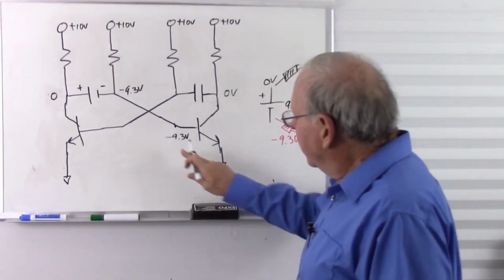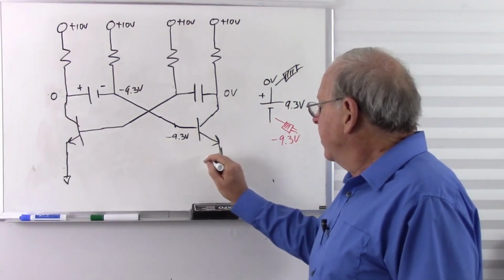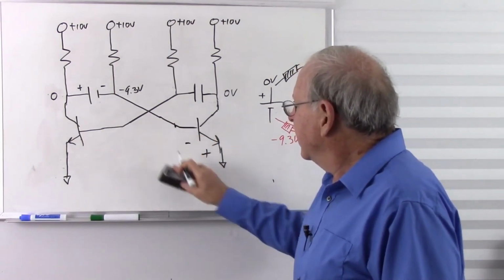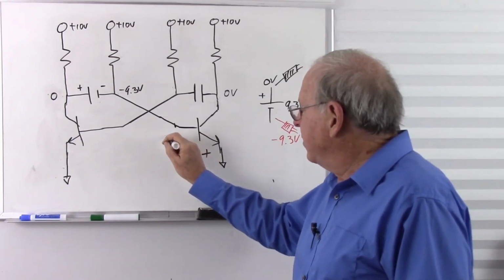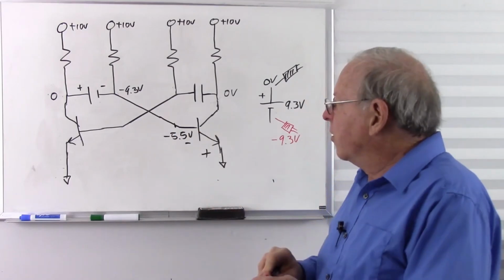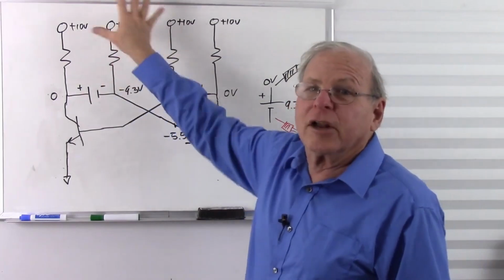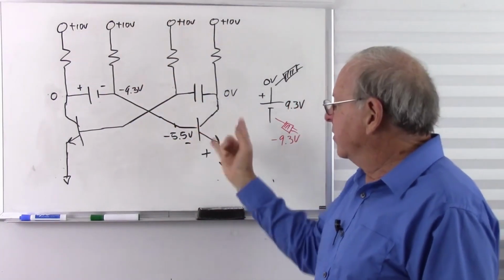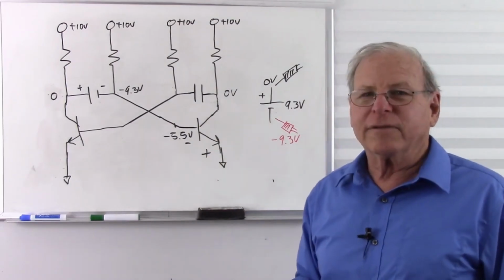So when this tries to go down to minus 9.3 volts, putting this positive to negative like that, it can't, because this acts like a Zener diode and holds that to maybe about minus 5.5 volts. So instead of us getting minus 9.3 with this particular arrangement of voltages, it actually gets down to minus 5.5 because of the Zener diode-like action of the base to emitter junction of the transistor.